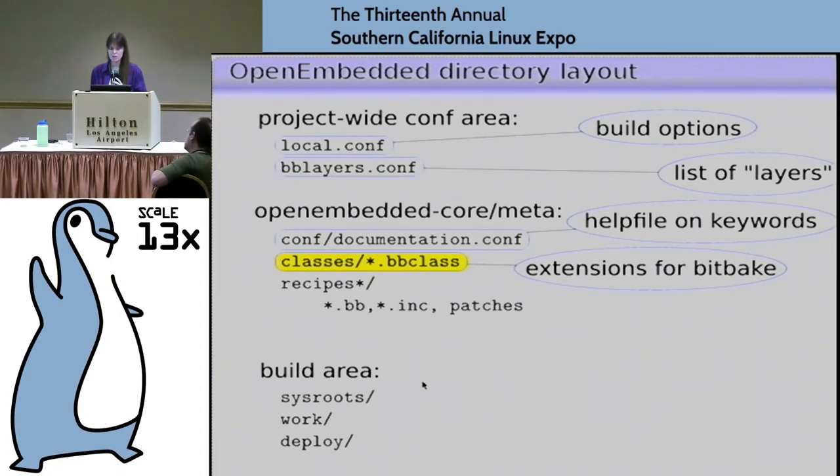Like, for instance, there's a BB class that teaches BitBake how to crank out the right SD card image to just plop verbatim onto your Raspberry Pi. Now, that's not the kind of thing that you would normally put into an upstream build tool. You can't imagine Make knowing about SD card layouts for Raspberry Pis, right? But because it has this extension mechanism, the people who are maintaining the Raspberry Pi stuff can throw that in there as a BB class.